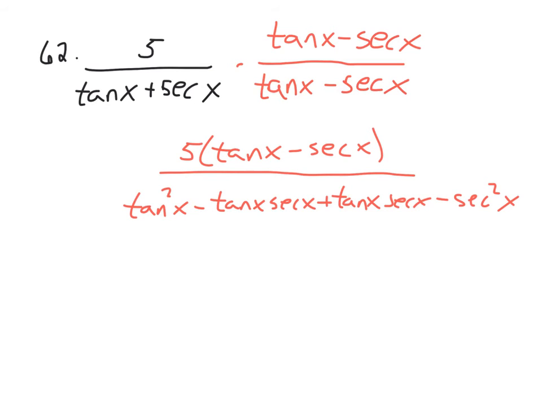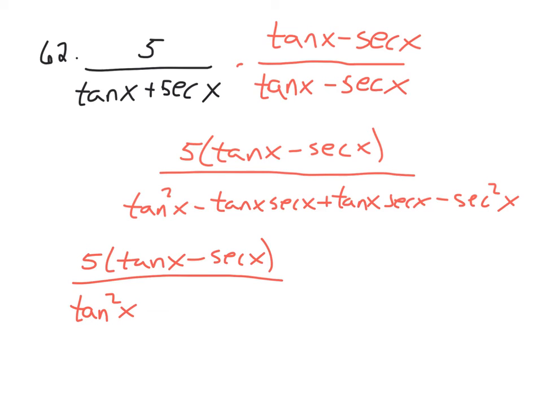The whole point of multiplying by a conjugate is so this happens. These will end up canceling each other out, and we'll have 5 times tangent of x minus secant of x over tangent squared of x minus secant squared of x.